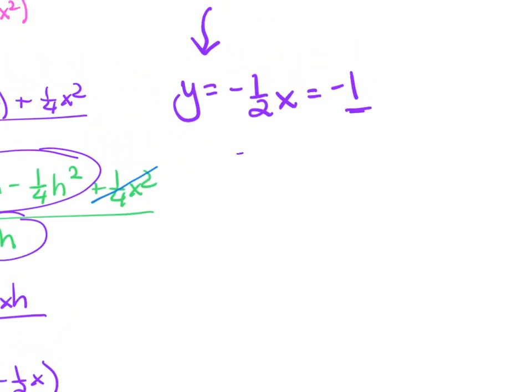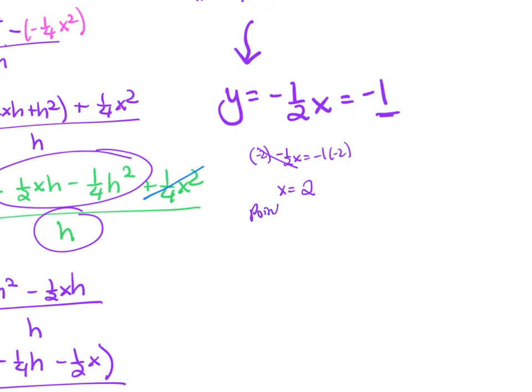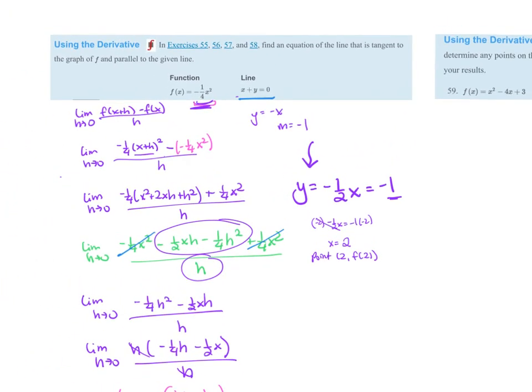Now negative 1/2 x equals negative 1, multiplied by negative 2 on both sides. You find that x equals a positive 2. Given that x is 2, we want to plug that back into the original function to find the point on the curve.